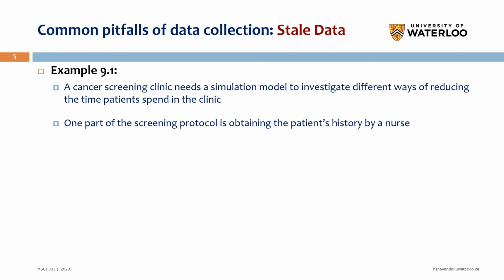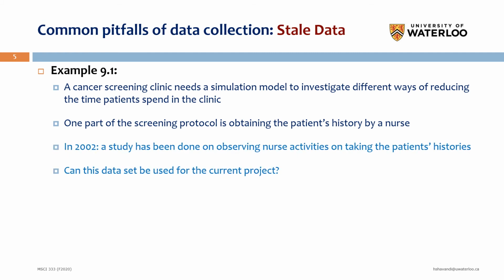Let's have an example for stale data. Here we're assuming we have a cancer screening clinic, and this center needs a simulation model to investigate different ways of reducing the time patients spend in the clinic. One part of this process is obtaining the patient's history by a nurse.